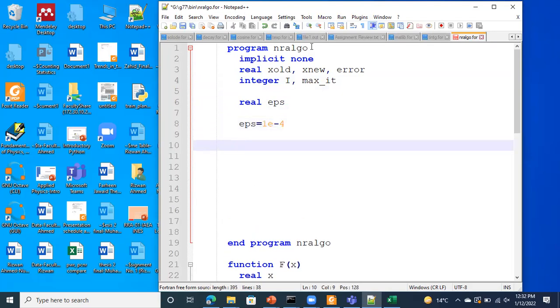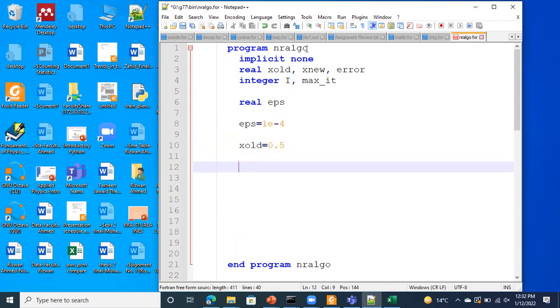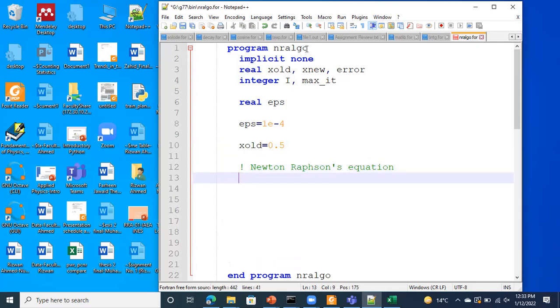Okay, so here goes the algorithm. I start with the initial approximation, x old, say 0.5. Then I require the value of function, so I can call it. So I write Newton-Raphson's equation. So here it goes.